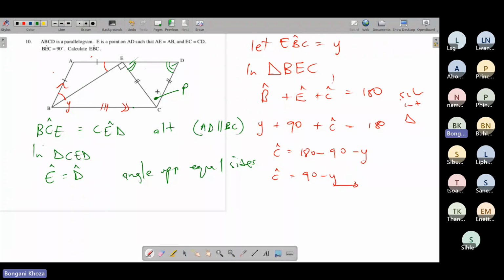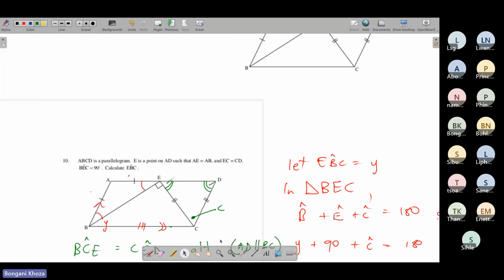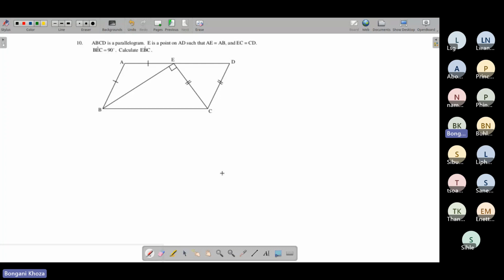Well, actually we are still in triangle CED, so we call this C. It's fine, let's use C. So this angle is C. In triangle CED, we can say angle C plus angle E plus angle D is equal to 180.